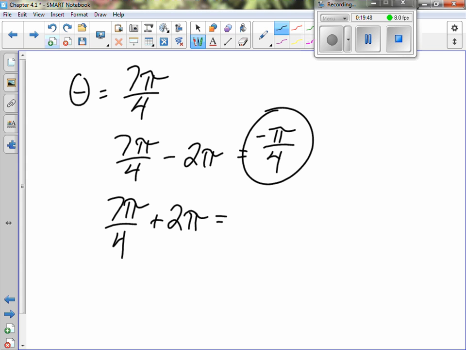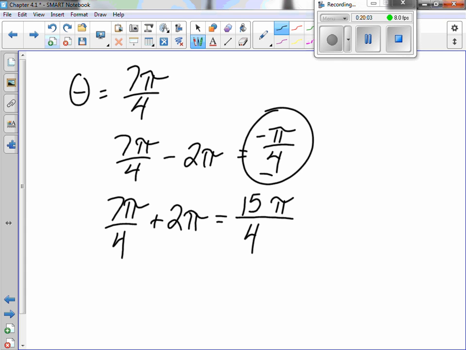Well, if I add it to negative pi over 4, I'll get back to 7 pi over 4. So I'll start with it and add 2 pi. 15 pi over 4. And that's it. So with degrees, we're really just adding and subtracting 360 to find the coterminal angles. And for radians, we're adding and subtracting 2 pi. Questions on this here? We good with this here? Okay.